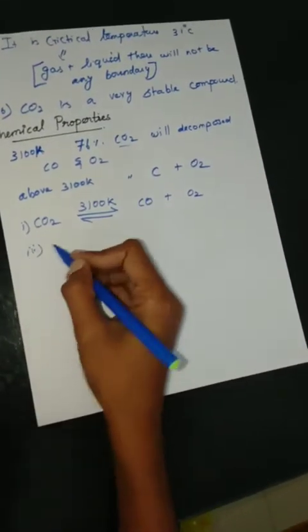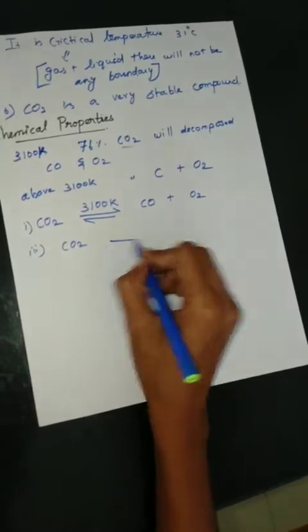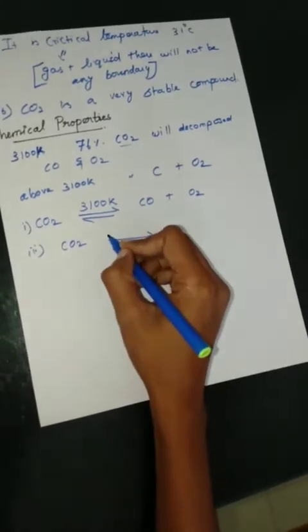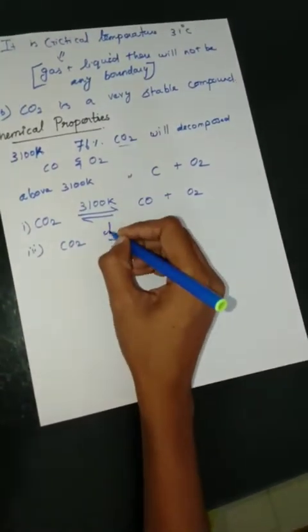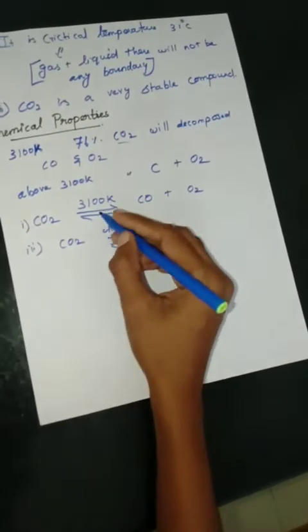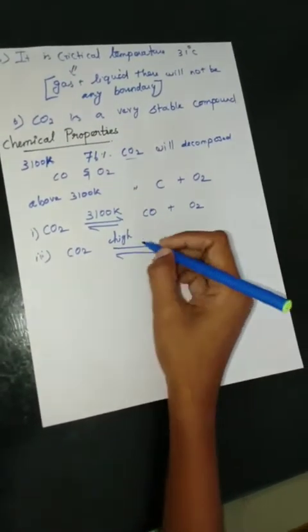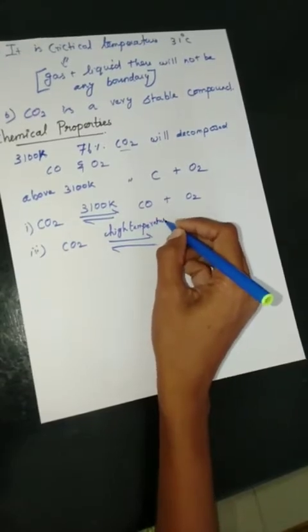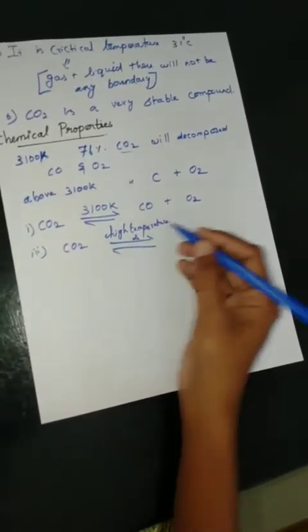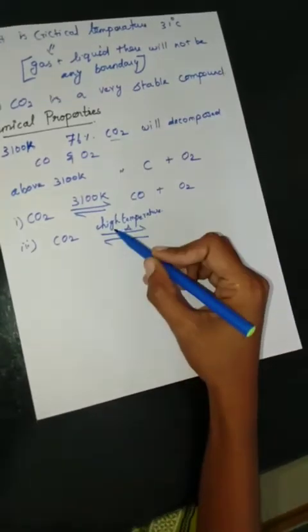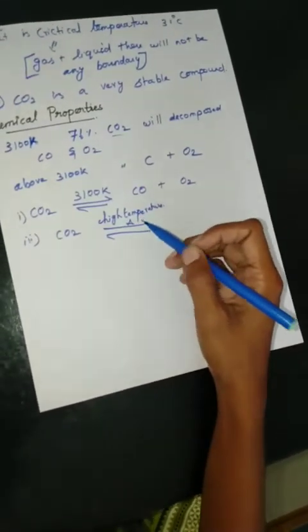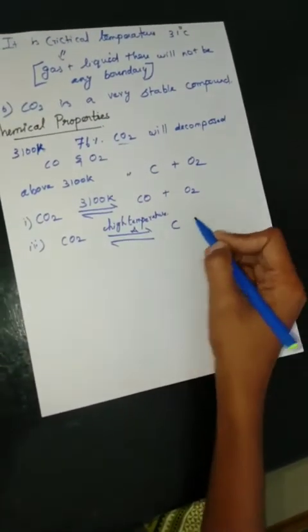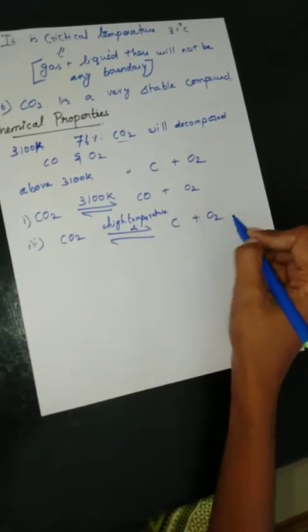The second reaction is carbon dioxide at a high temperature, above 3100 Kelvin, which gives carbon plus oxygen.